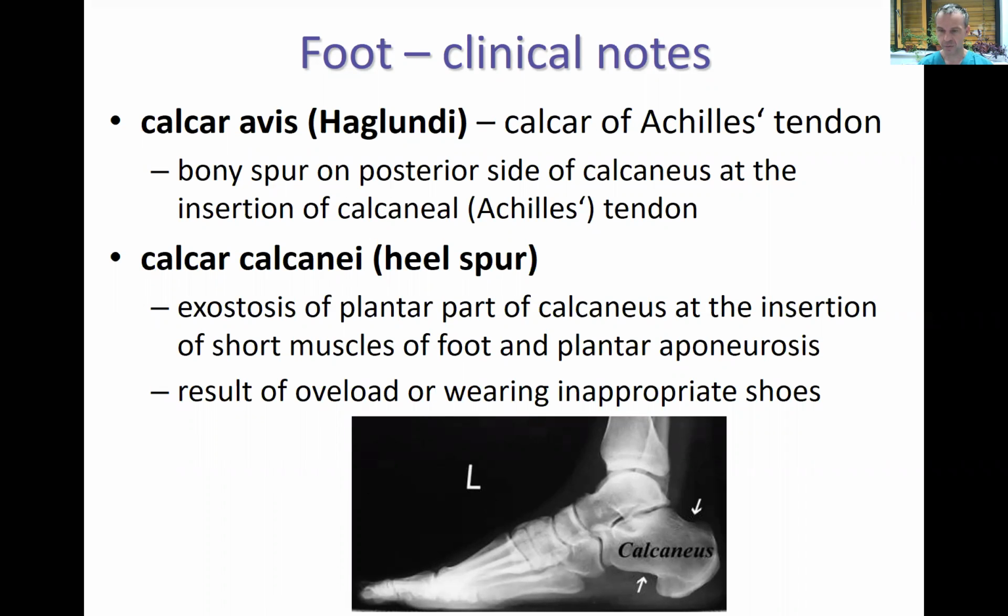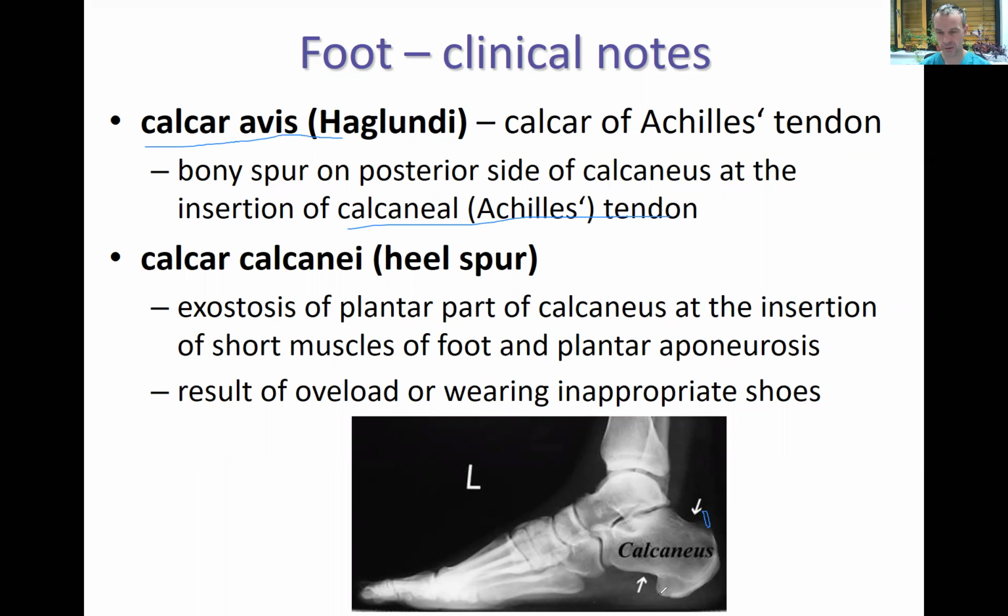The last clinical information here concerns two osteophytic structures which can appear, and they are called calcar. They can appear either here in the insertion of the triceps surae, so the Achilles or calcaneal tendon, then it's called calcar of Haglund.